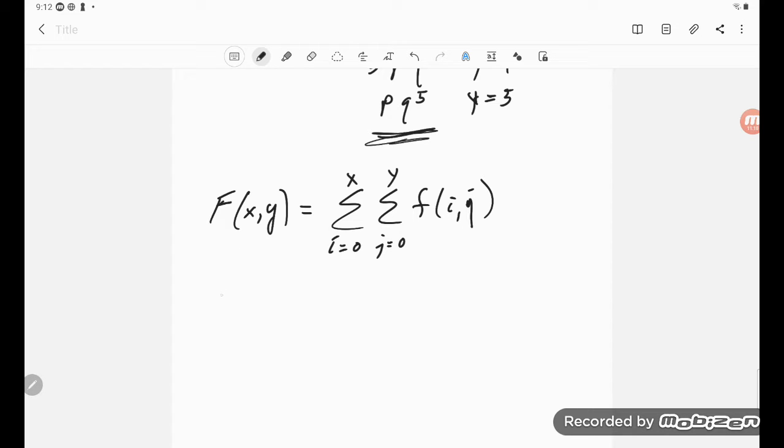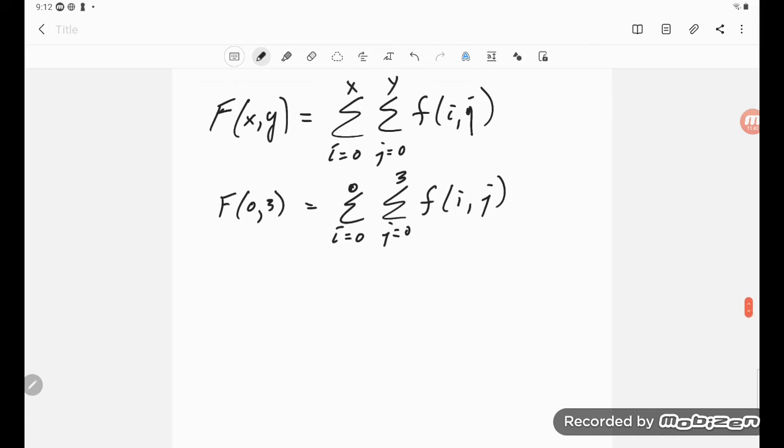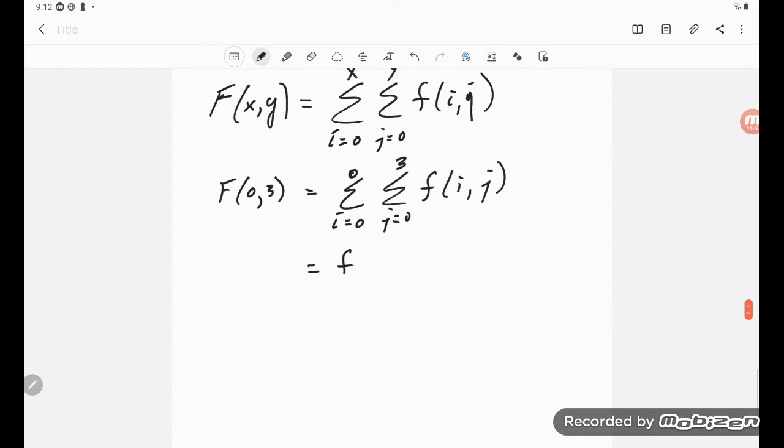For instance, suppose I wanted f of 0, 3, then that would be the sum i equals 0 to 0, j equals 0 to 3 of f of ij, and so that would be f of 0, 0 plus f of 0, 1 plus f of 0, 2.